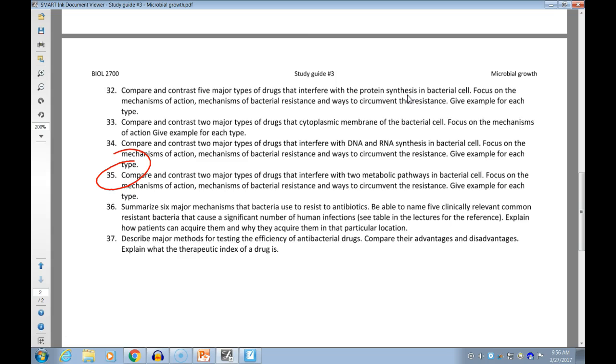Change the target of the drug. So pretty much kill the drug. Pump it out.